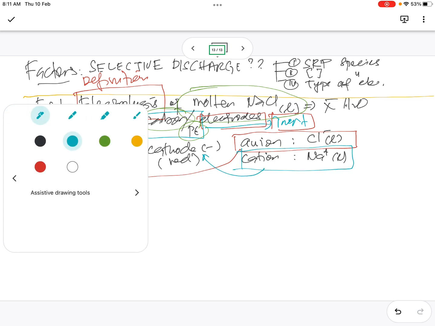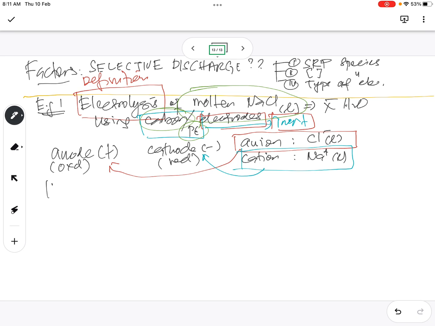So kita boleh buat half cell equation. Kita mula dengan at anode. Siapa yang pergi at anode?